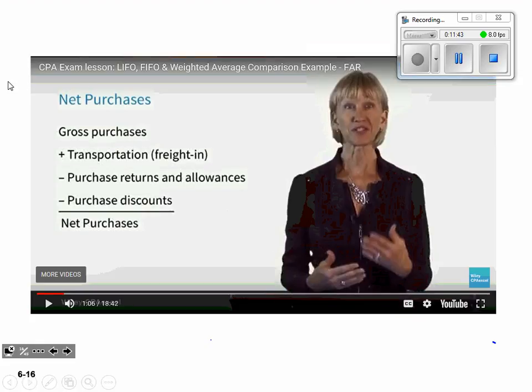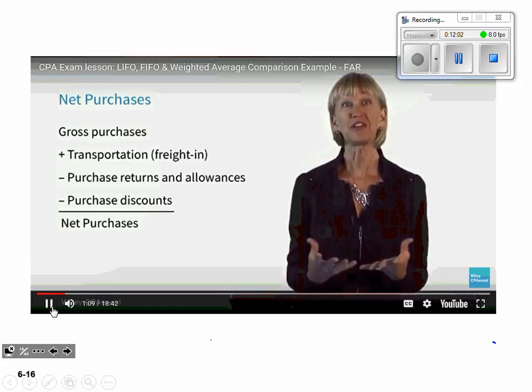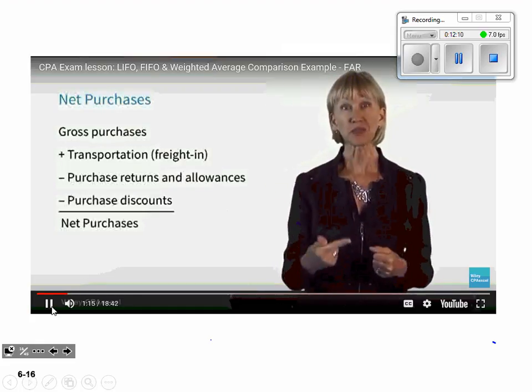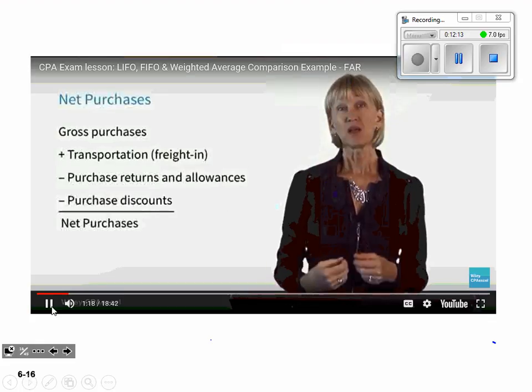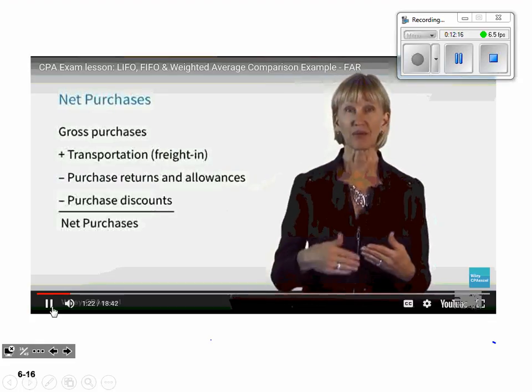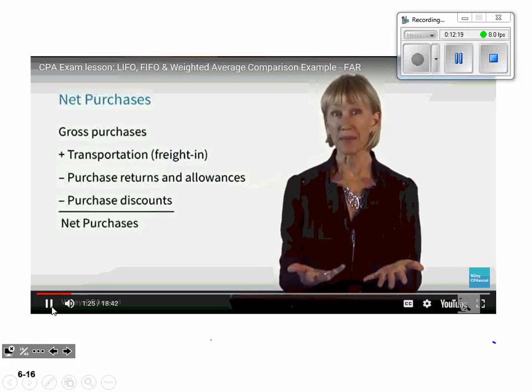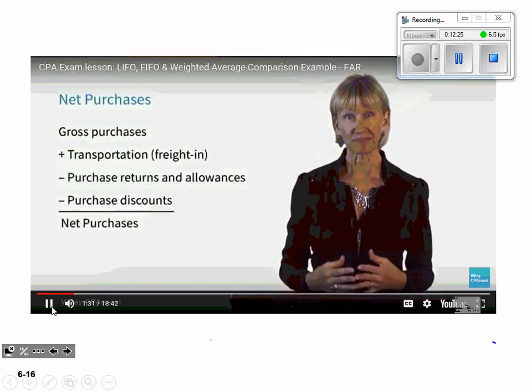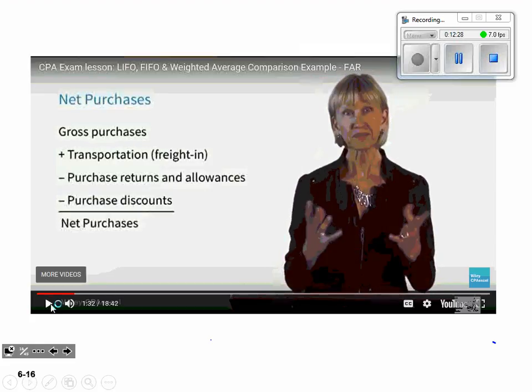This was basically the theme of Chapter 5. If I had to change gross purchases to a word, I'd say inventory, plus to get it to us, minus any returns, and minus discounts that we got. All of that should make sense to you. That was Chapter 5.